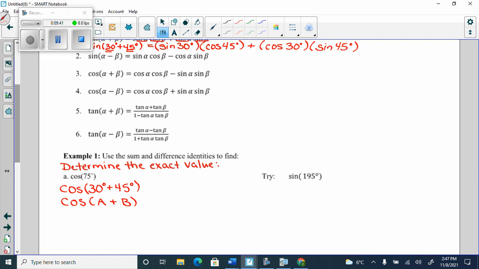You could do x's and y's, whatever you want. Now the cos A plus B formula goes cos A, cos B minus sine A, sine B, right? So I'm going to write the formula. It is equal to cos A, cos B, and I like putting them in brackets because it helps me out, minus sine A, sine B.